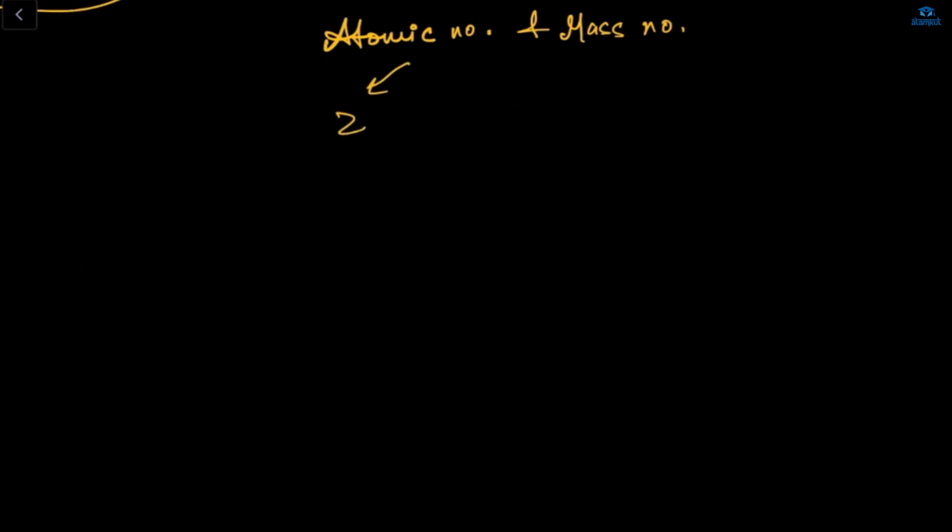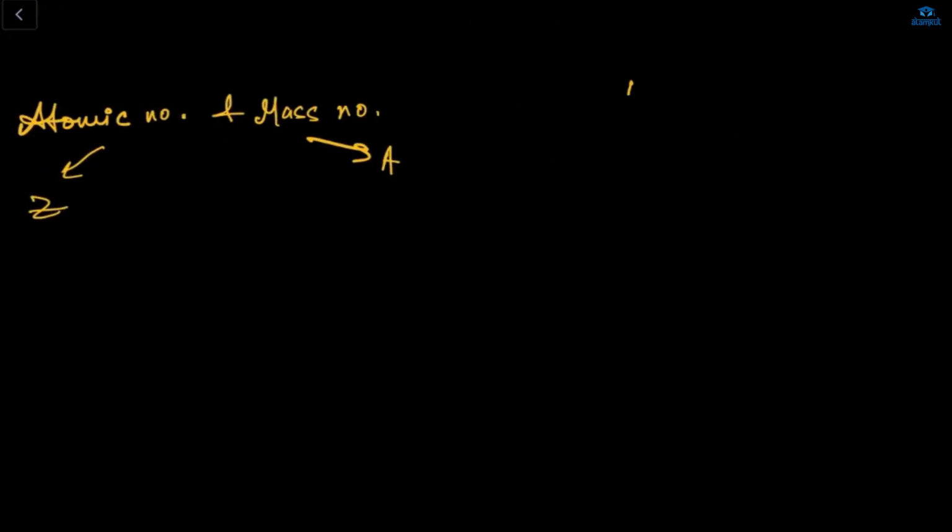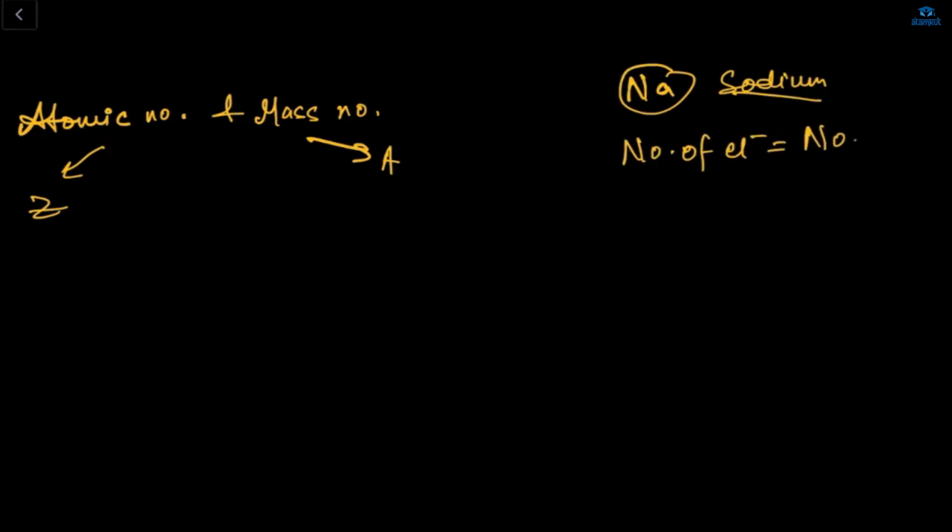Now let's discuss atomic number and mass number. Atomic number is represented by Z and mass number is represented by A. I'm taking the example of Na, which is sodium. Here, the number of electrons is always equal to the number of protons.